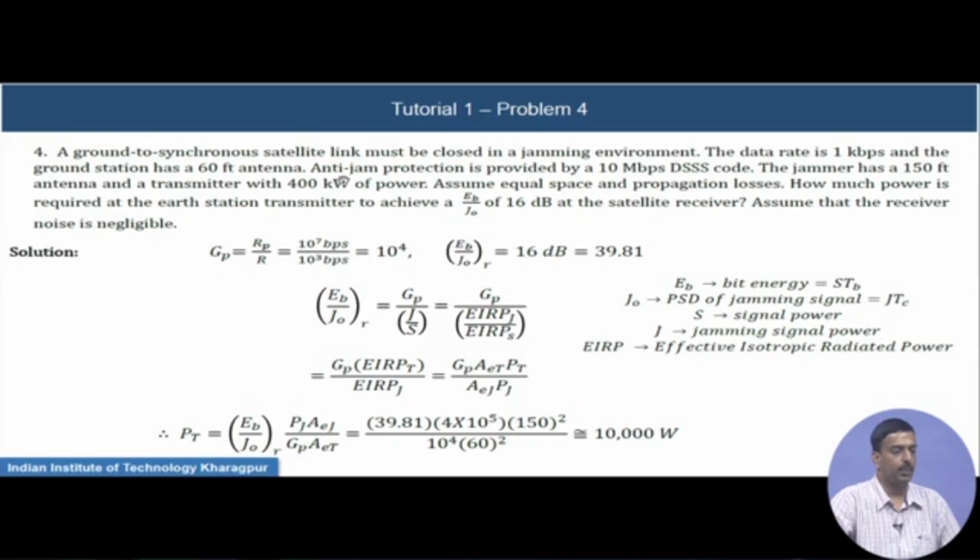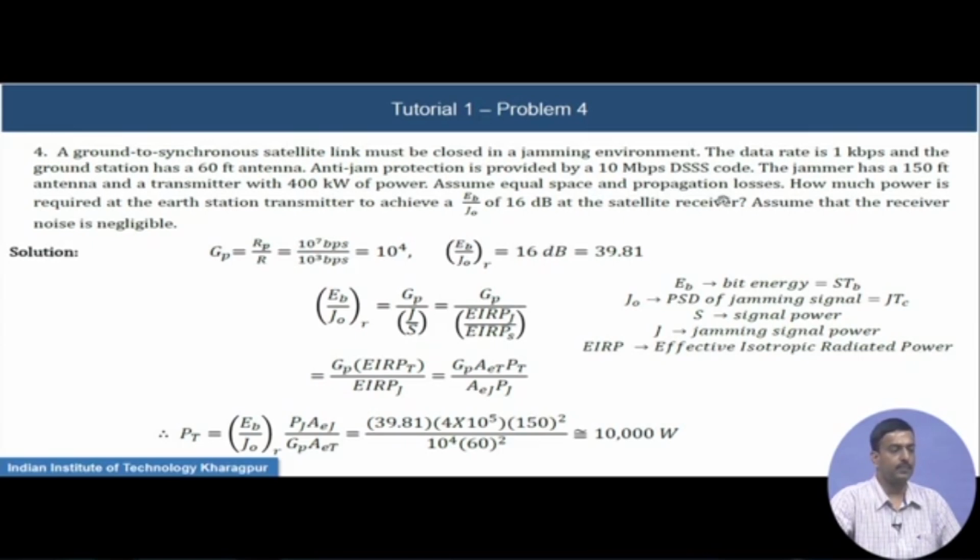We provide anti-jam protection using a DSSS code with 10 Mbps of pseudo-random sequence, and the jammer specifications are that it has an antenna height of 150 feet and a transmit power of 400 kilowatts. So we assume that for both the ground to satellite link transmission as well as the jammer signal, the space and propagation losses are the same.